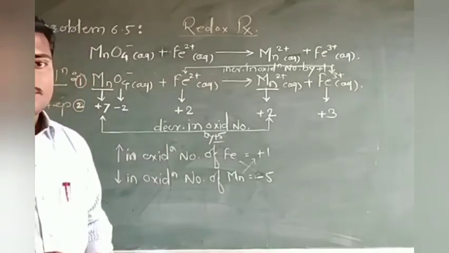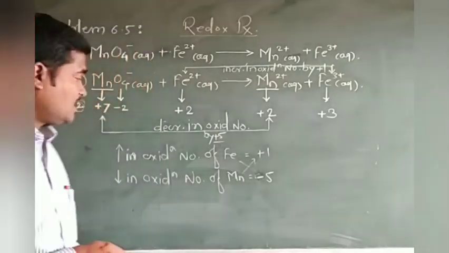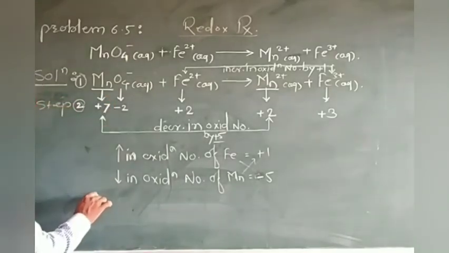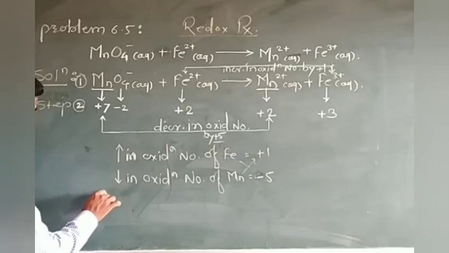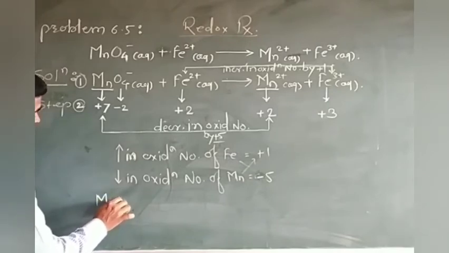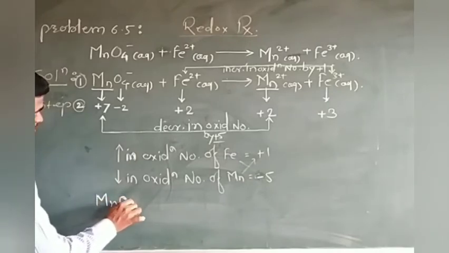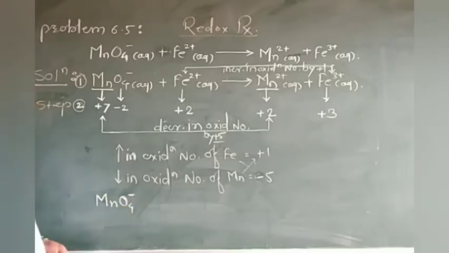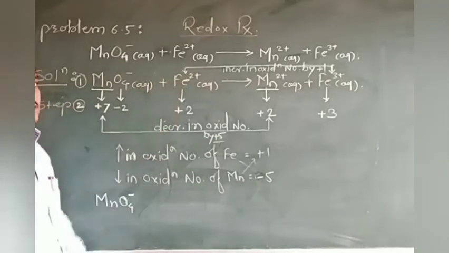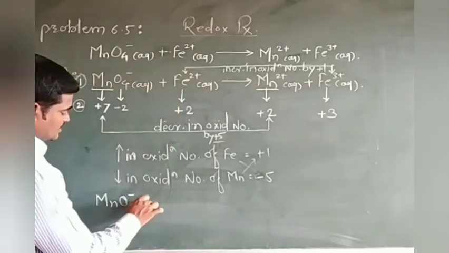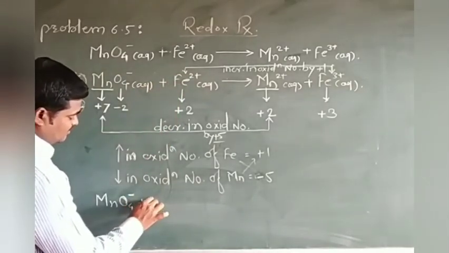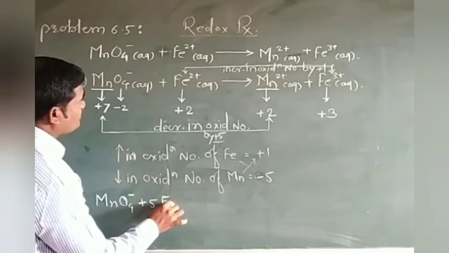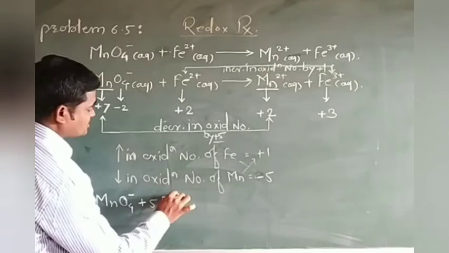In the next step we are going to do the same thing. When the equation is in ionic state, where Mn is present, that ion we keep as it is, and where Fe is present in ionic state, you have to multiply that ion by 5 to balance the given redox reaction.